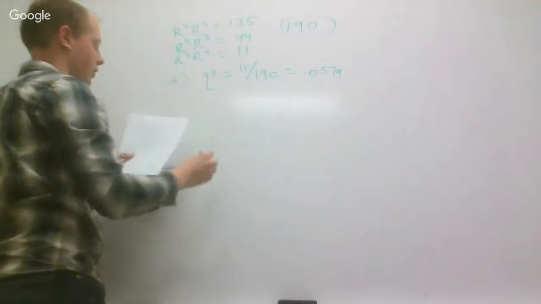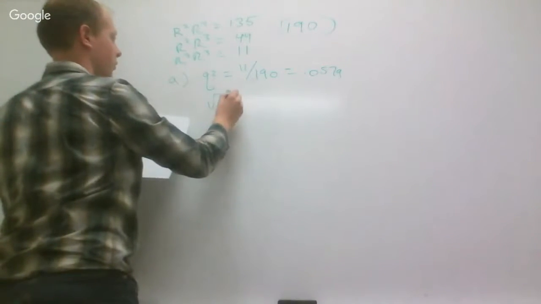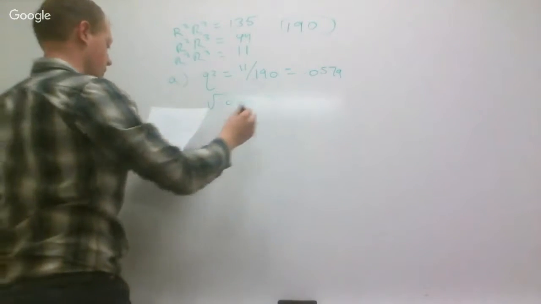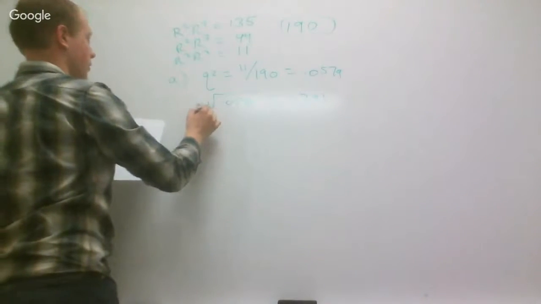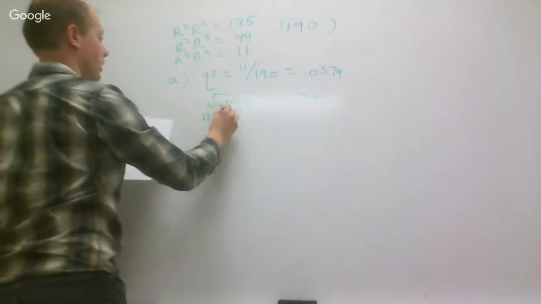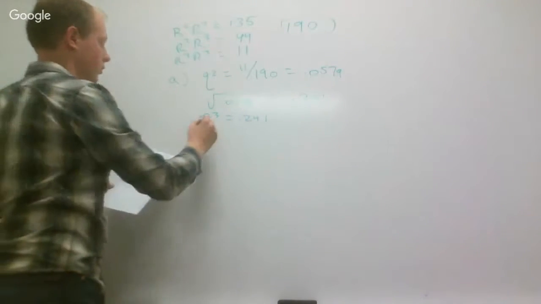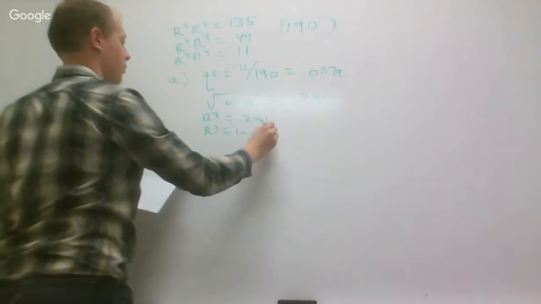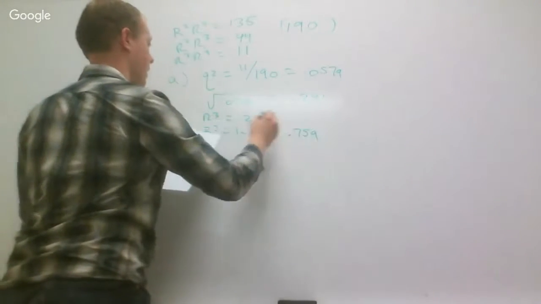So to figure out the allele frequency, we just take the square root of 0.0579, and we get 0.241. So that's the allele frequency for R3, 0.241. The allele frequency for R2 then would just be 1 minus that number, which equals 0.759.